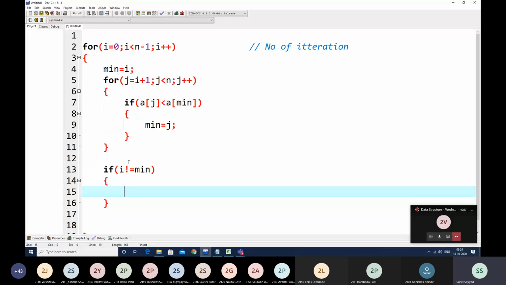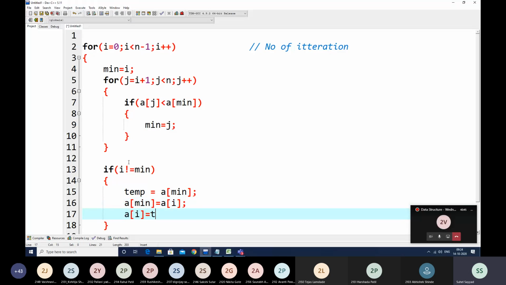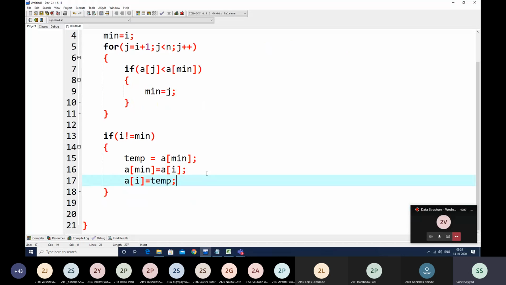Now the swap will happen between A of min and A of I. So initially I copy A of min into temp, then I make A of min as A of I, and then A of I as temp.